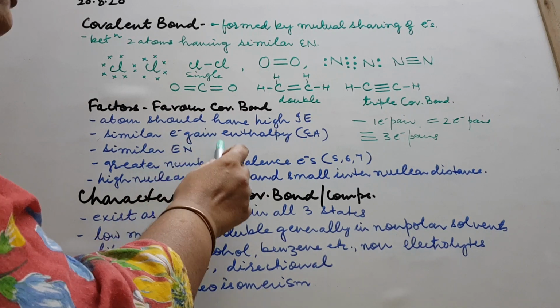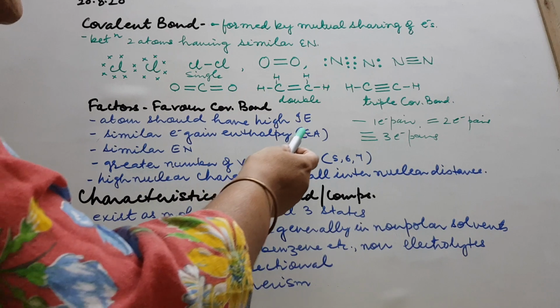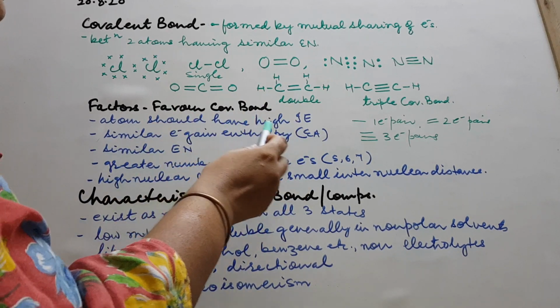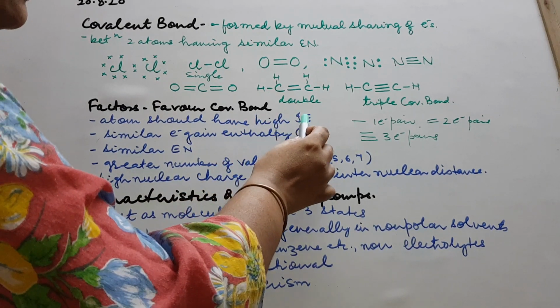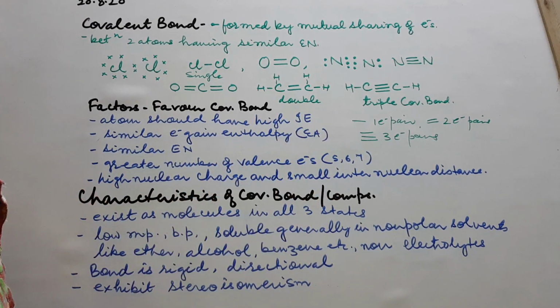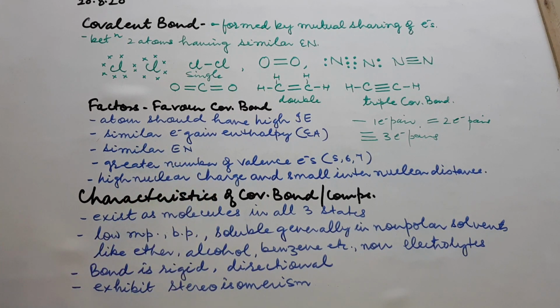So similar electron gain enthalpy value should be there. Or say they should have similar value of electron affinity, and here atoms should have high ionization energy or ionization potential. Then similar electronegativities. The combining atoms should have almost similar value of electronegativities.